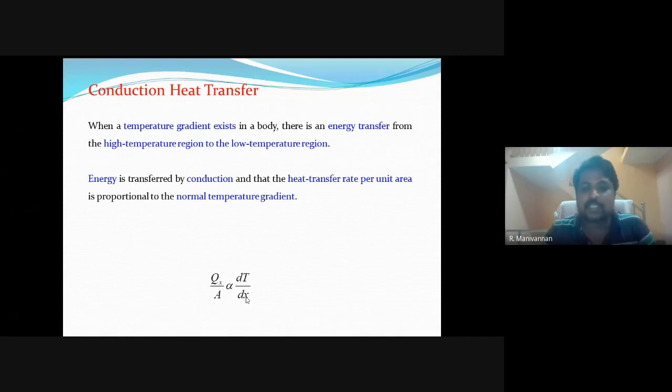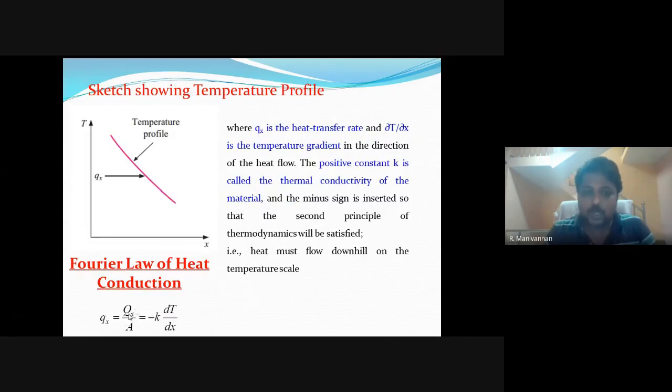Here the x refers to the direction. If I want to remove this proportionality sign, I have to introduce a constant. I'm going to introduce a k. So Qx by A equals minus k into dT by dx. This is nothing but Fourier's law of heat conduction.